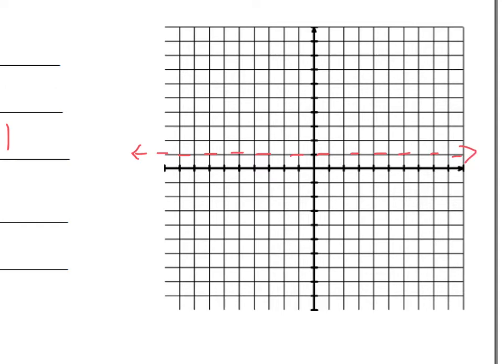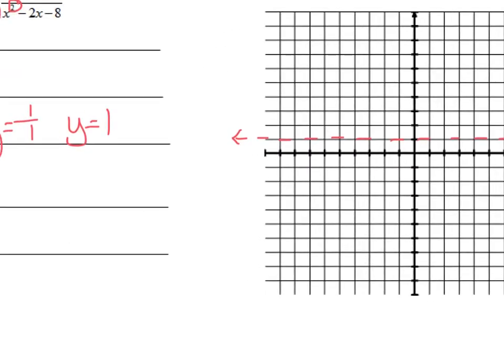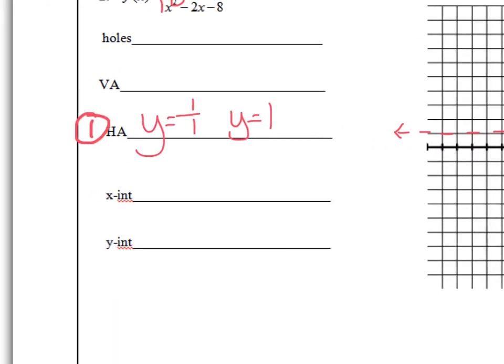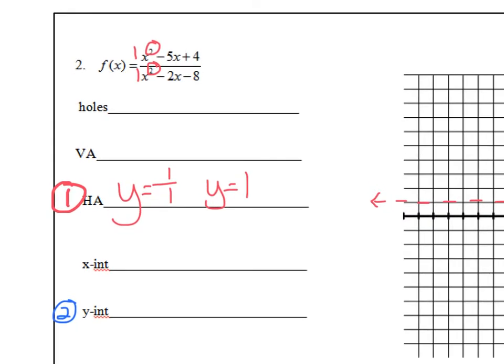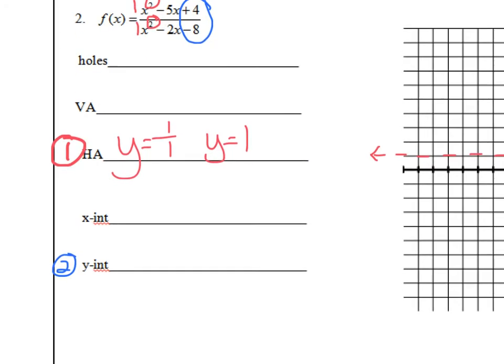After we find the HA, the next step is your y-intercept. The y-intercept are, again, those values all by themselves at the end. In this case, a positive 4 and a negative 8. Well, 4 over 8 can be reduced to 1/2. The negative 8 makes it a negative 1/2.